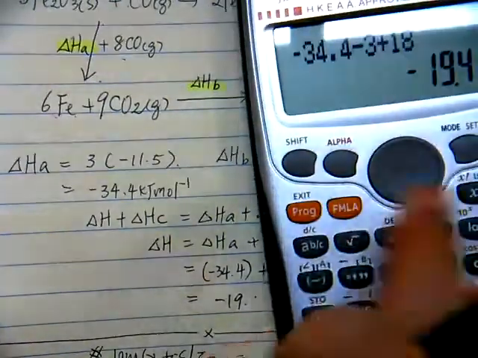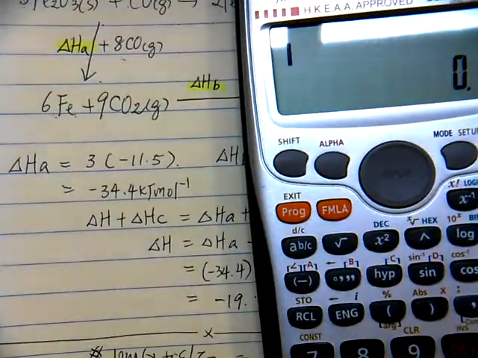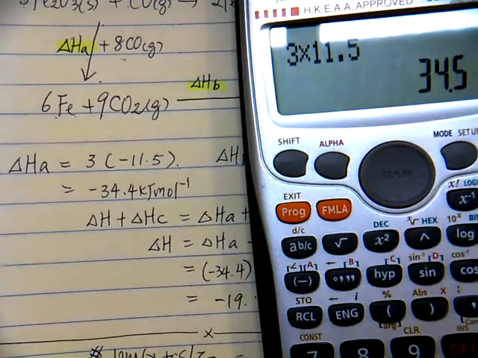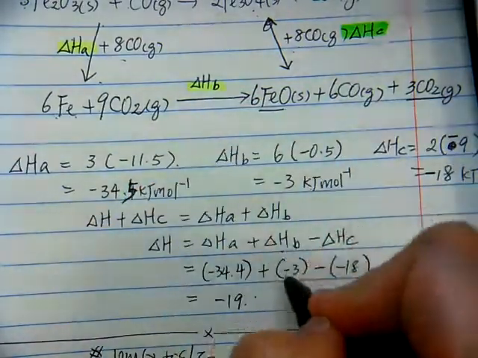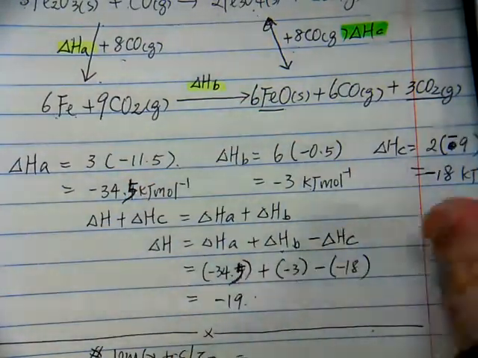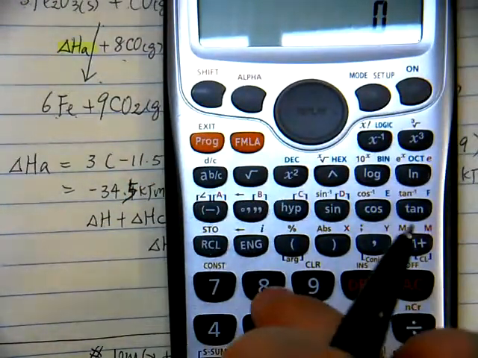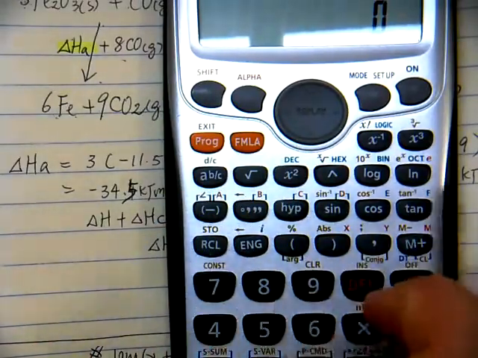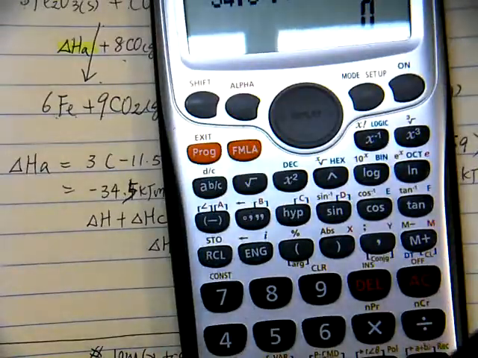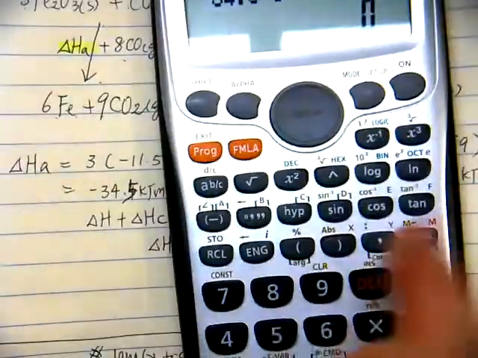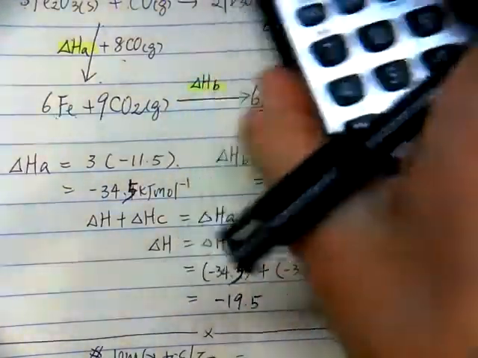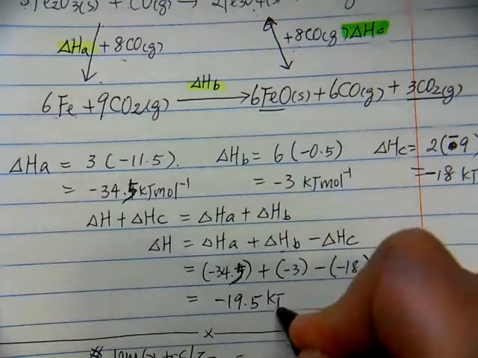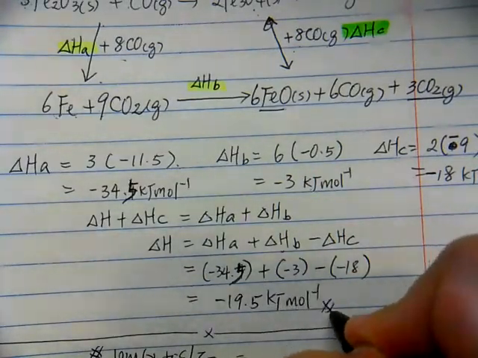Have I done something wrong? Is this one? Yes, sorry, I copied it down wrongly. -19.5 kilojoule per mole. That's the answer.